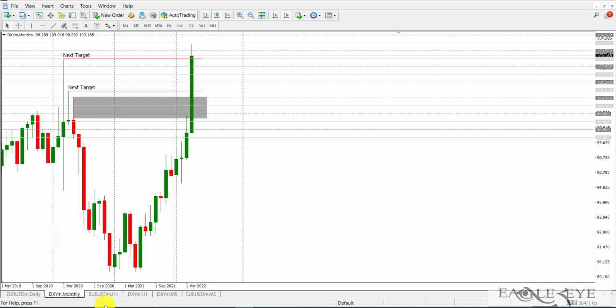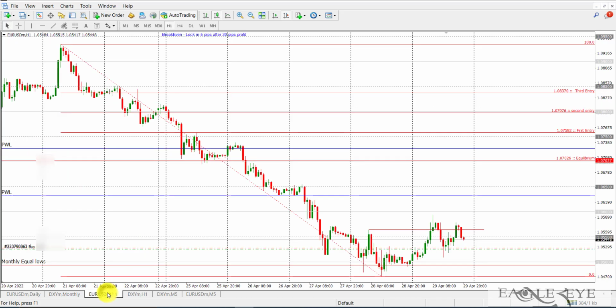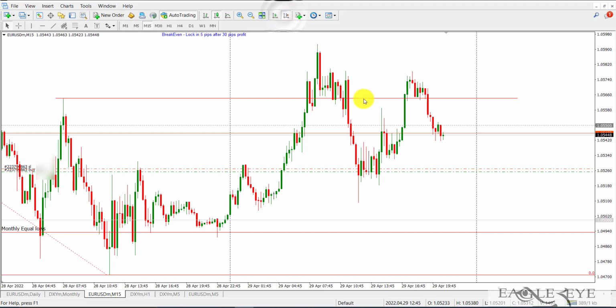Even though I have an order in the market, I held over the weekend. I just made sure that my stop loss is above my entry before the market closed. So this is the stop loss level, and then the entry right there.